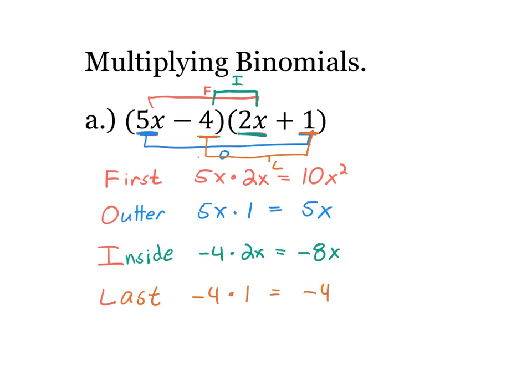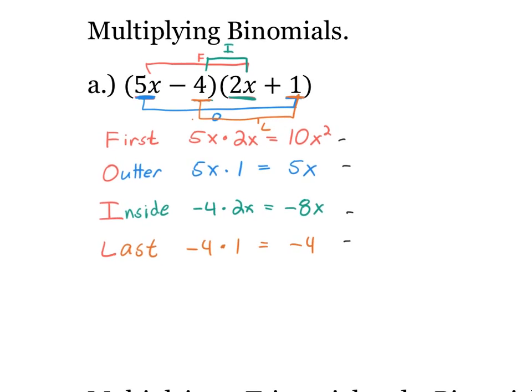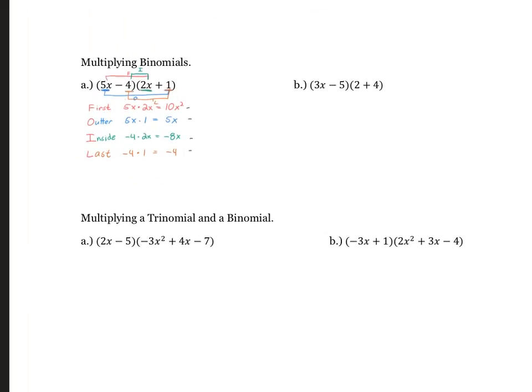All right, so that helped to make sure that we did everything in order. It also helps because if we just now write everything down in the order that we found it, in FOIL order, then we will have multiplied these together so that they are in standard form. They'll just be a little more simplifying at the end. So I'm going to write these down in the order that I came up with them.